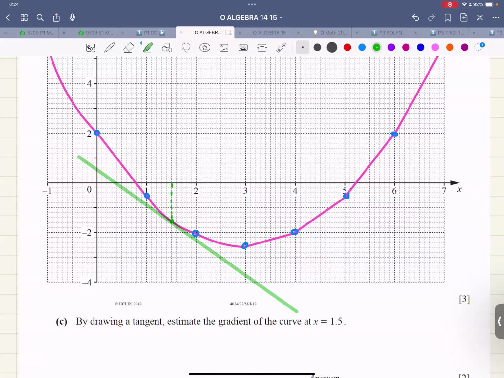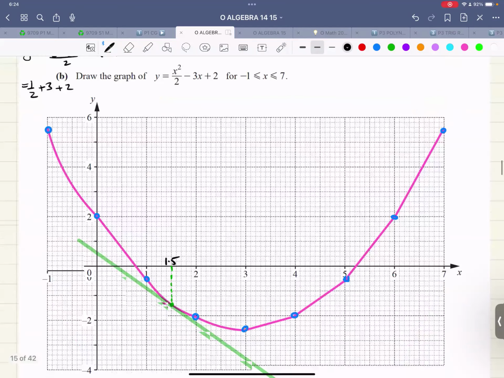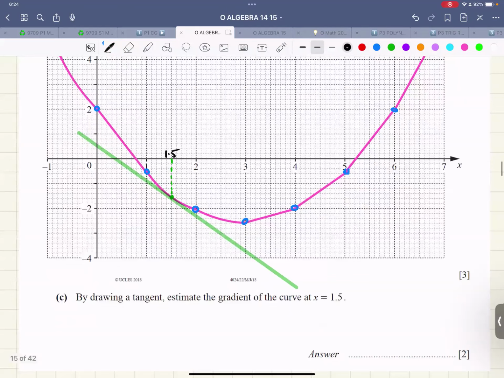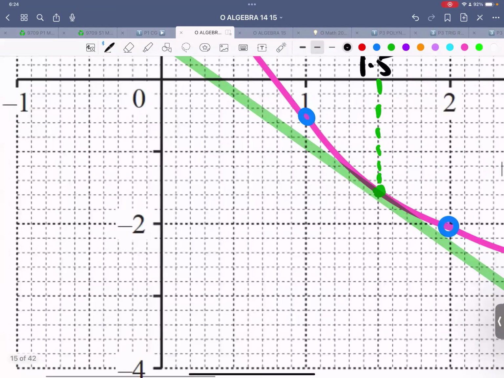And first of all, always use the value that you got started with. So if I have 1.5, do I have 1.5 over here? No, I don't have 1.5. So I can just read off this value. And if I make it bigger, this value comes out to be -1.6.